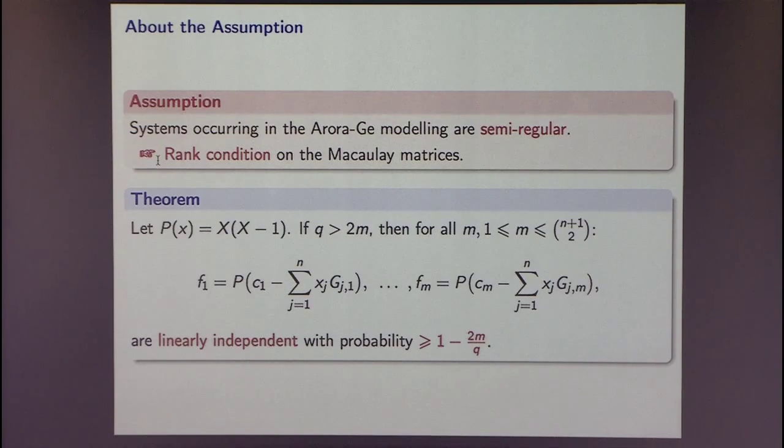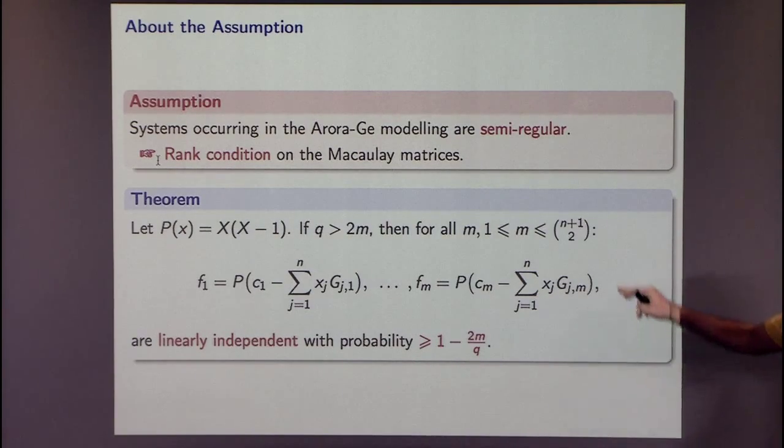So I will finish with this to show you what is the difficulty here. Let's say we take the simple case. We want to prove the assumption at the smallest degree. So we want to prove that the equations are linearly independent.